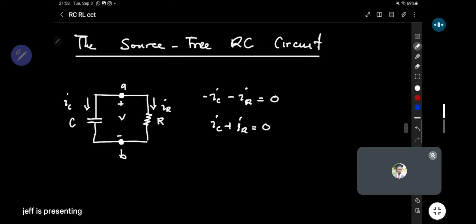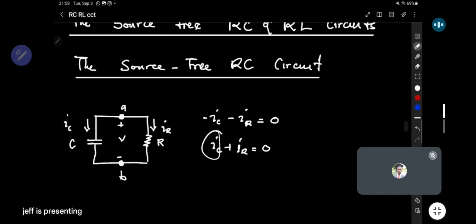When you look at the expression for current through a capacitor, these are the expressions we were looking at earlier when we came up with the equations.